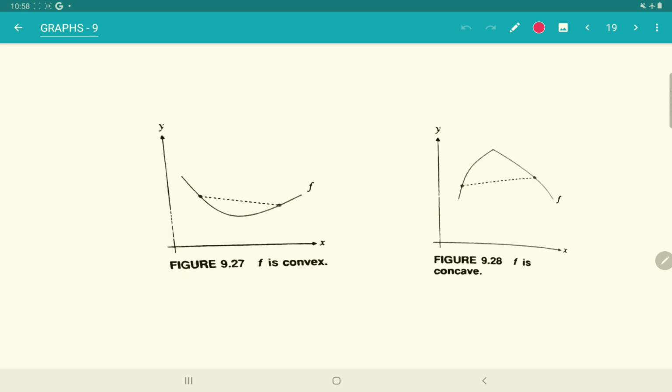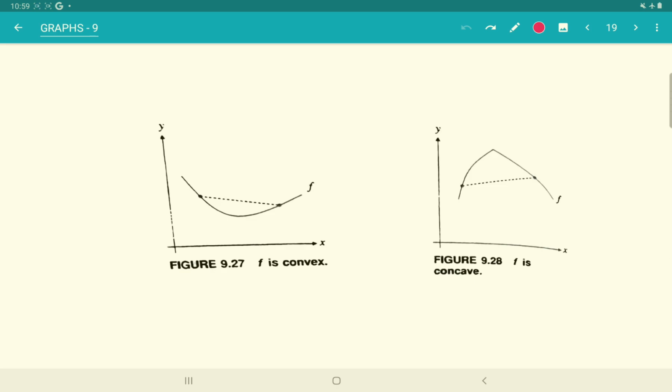If you get back to the definition that I have just written, f is called concave if the line segment joining any 2 points on the graph, so these are the 2 points on the graph, the line segment joining these 2 points is not above the graph. So it's a concave function. If I talk about a convex function, the line segment joining any 2 points on the graph is never below the graph.